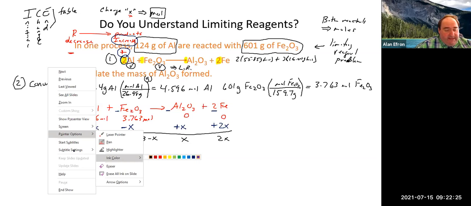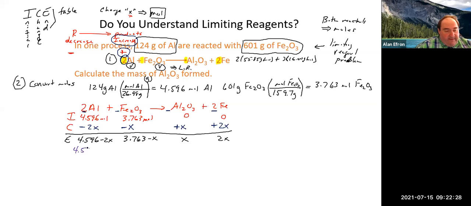So if I take my first guy and go 4.596 minus 2x is equal to 0, I'm going to bring the 2x to the other side. Divide by 2, we get x is equal to 2.298 moles. We could do the same thing for this guy, 3.763 minus x is equal to 0. Bring the x to the other side. We get x is equal to 3.763. And again, the units here would be moles.